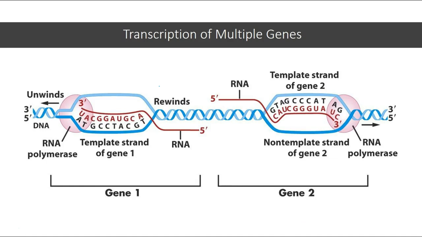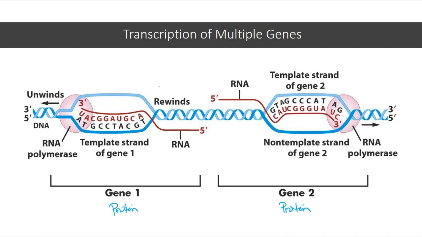The very last thing I want to talk about is the transcription of multiple genes. You see from this slide that we have gene 1 that is going to produce a protein product, and we have gene 2 which is going to produce a protein product.